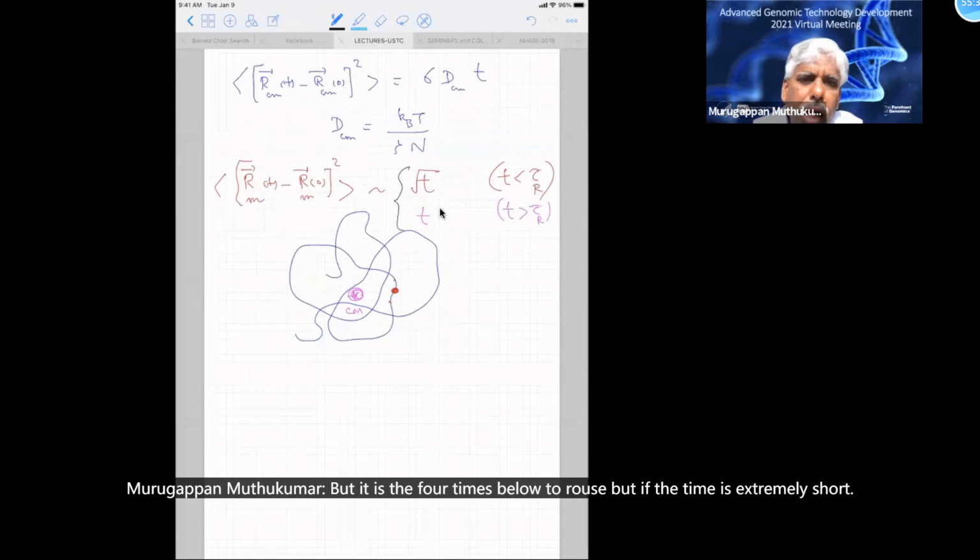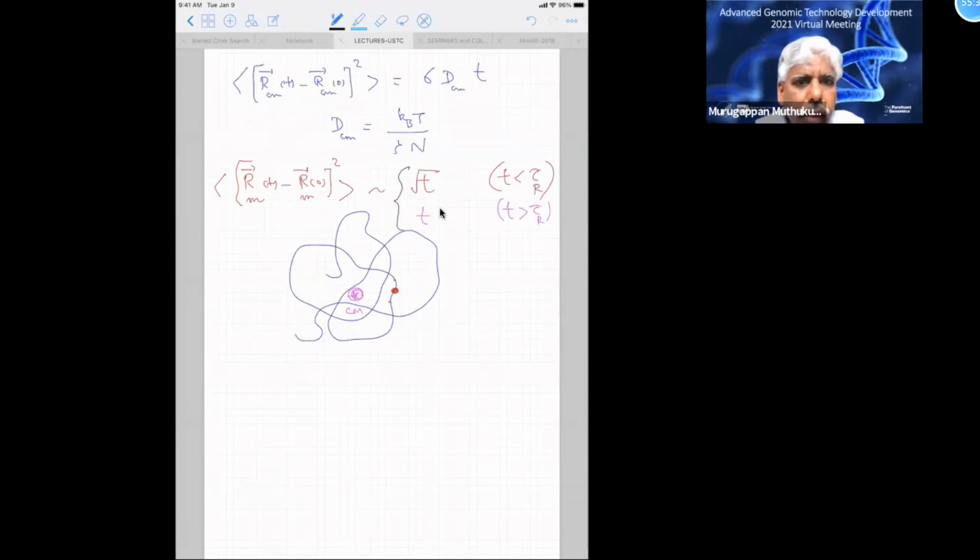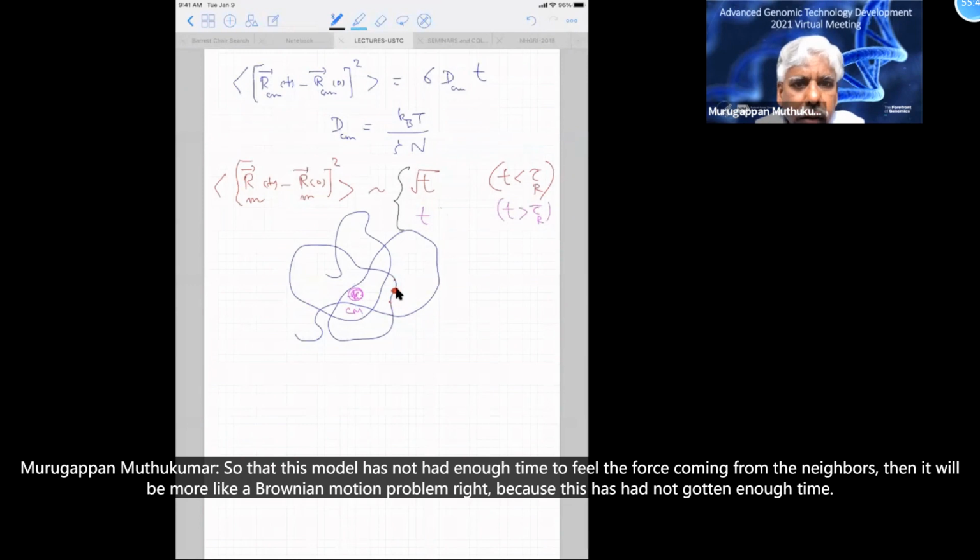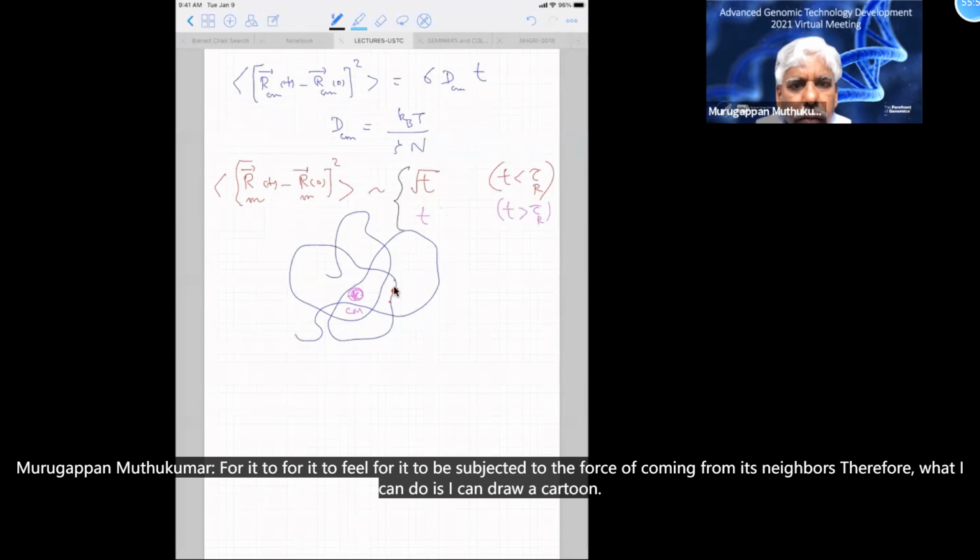If the time is extremely short, so that this monomer has not had enough time to feel the force coming from the neighbors, then it'll be more like a Brownian motion problem, right?